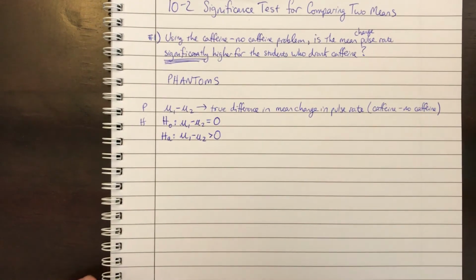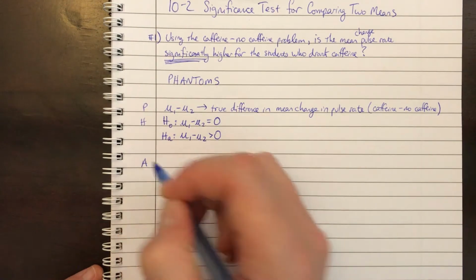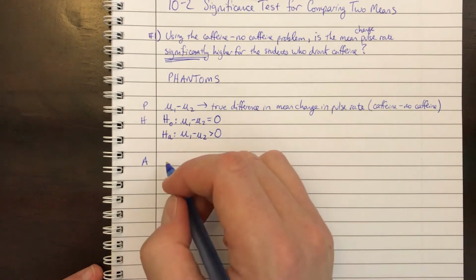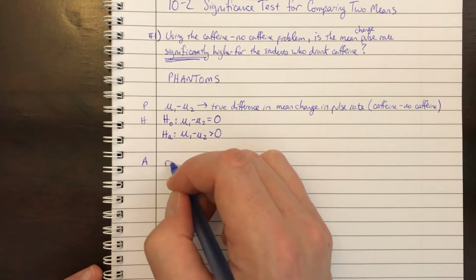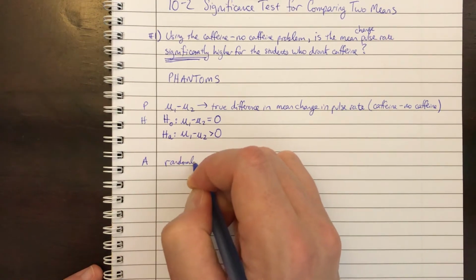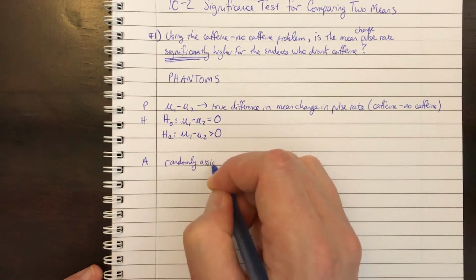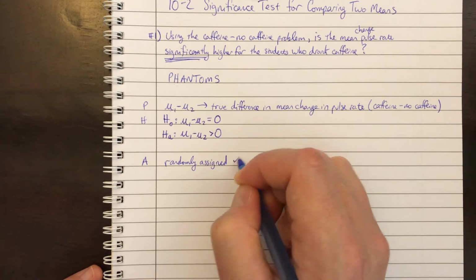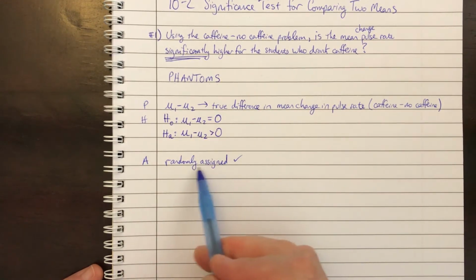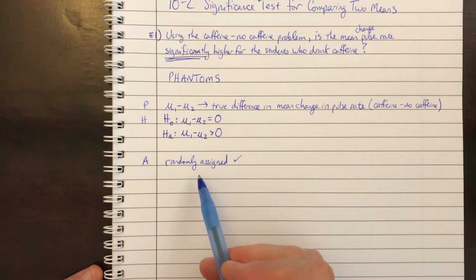Now the assumptions, it's the same thing as we did on the other side. The students were not randomly selected, they volunteered. However, they were randomly assigned the treatments. So the random condition is okay. That also takes care of the 10% independence rule.